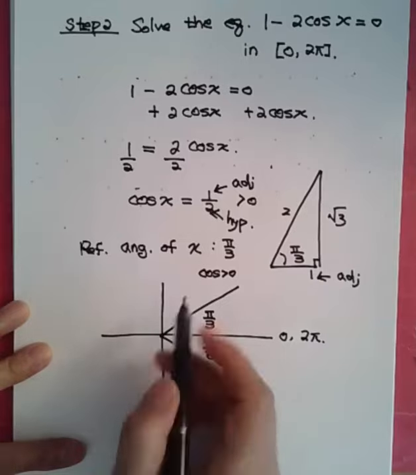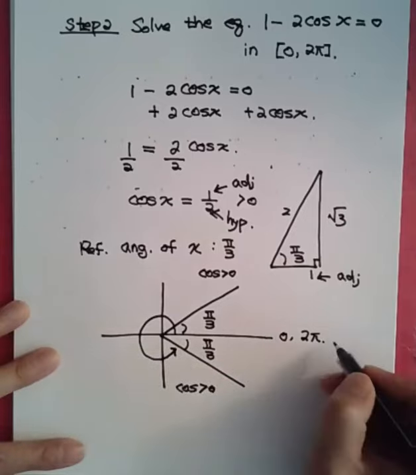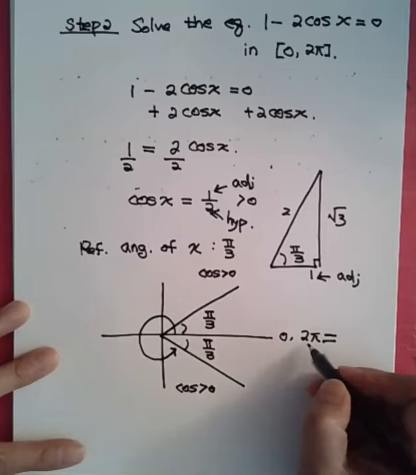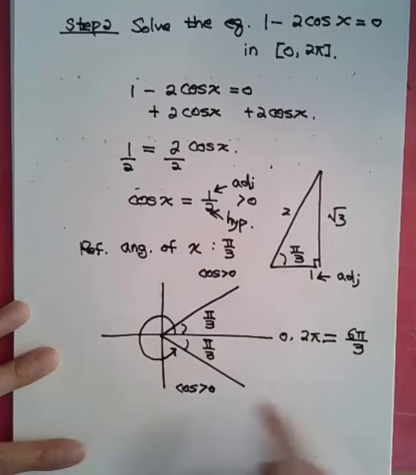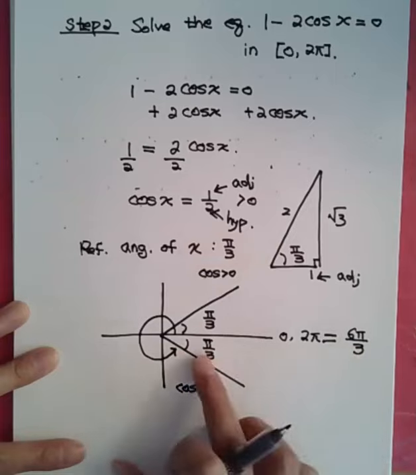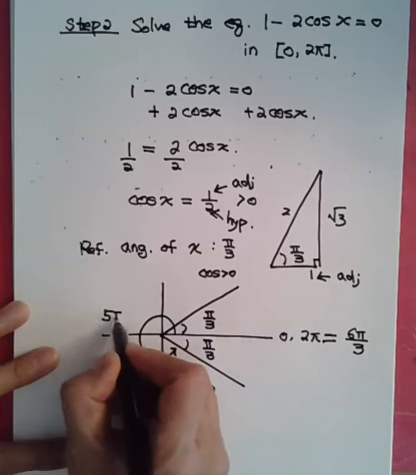For the fourth quadrant angle, we interpret 2 pi as 6 pi/3, and we think about the difference between the two angles, then we get 5 pi/3.